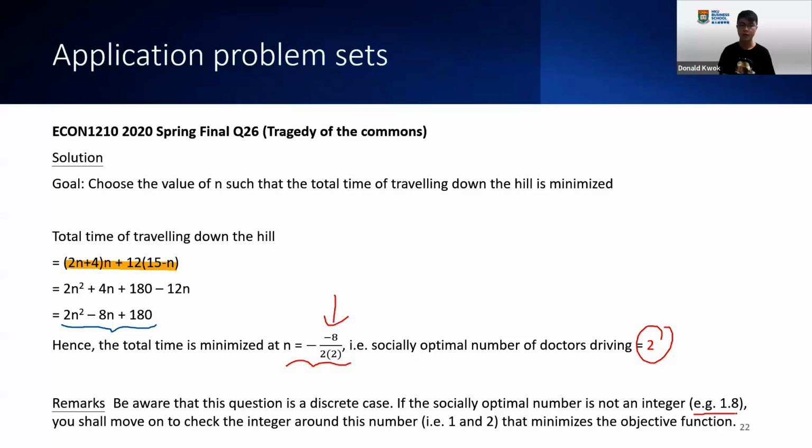Specifically, you need to check n equals 1 and n equals 2, to see at which point it minimizes the objective function. But for the original version, there's nothing to worry about because we already obtained an integer.